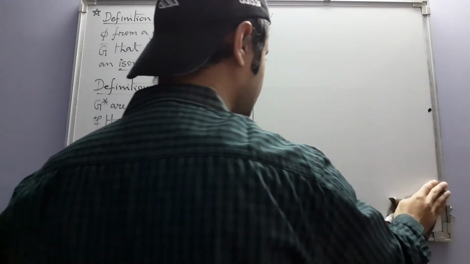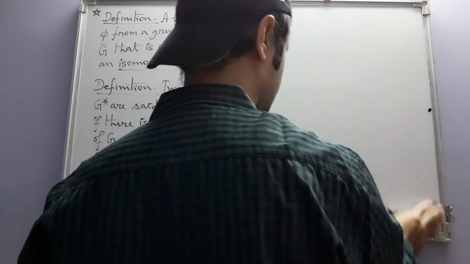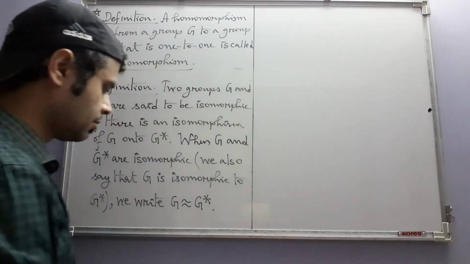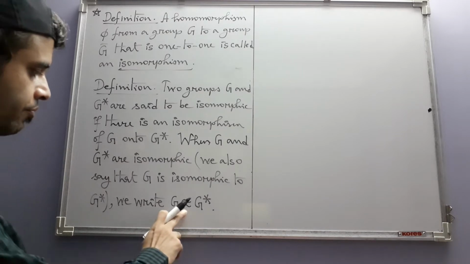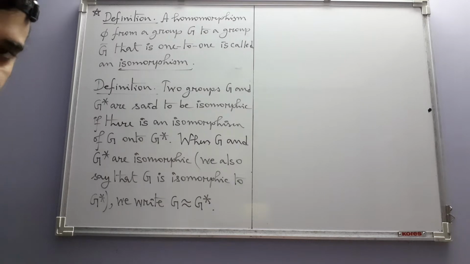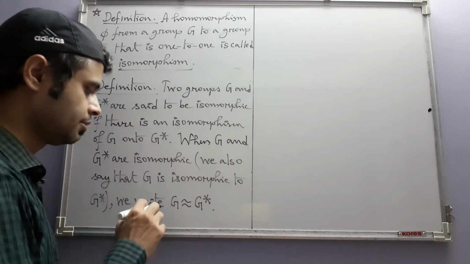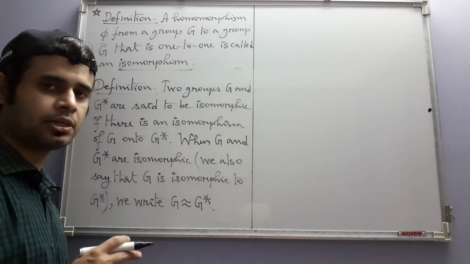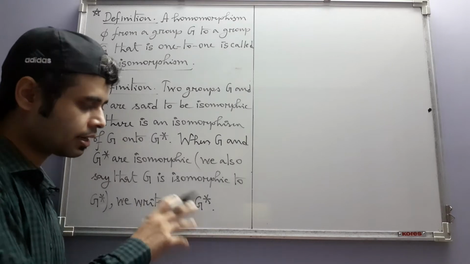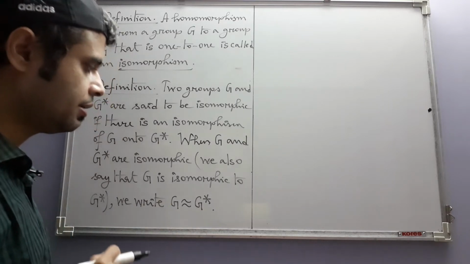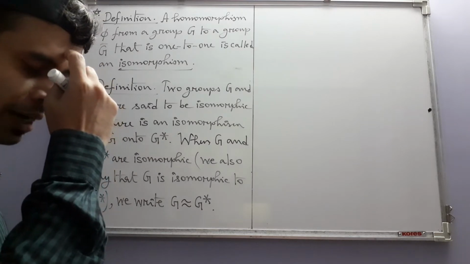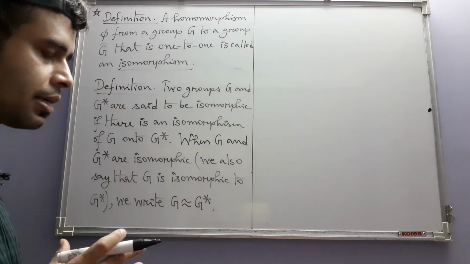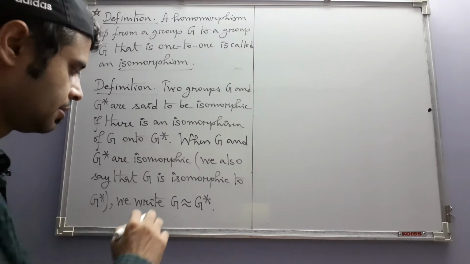Now, a fundamental fact about isomorphisms is that the relation of two groups being isomorphic is like an equivalence relation. It is reflexive, symmetric and transitive in the class of all groups. I am saying like an equivalence relation because primarily so far I know equivalence relations are defined on sets.